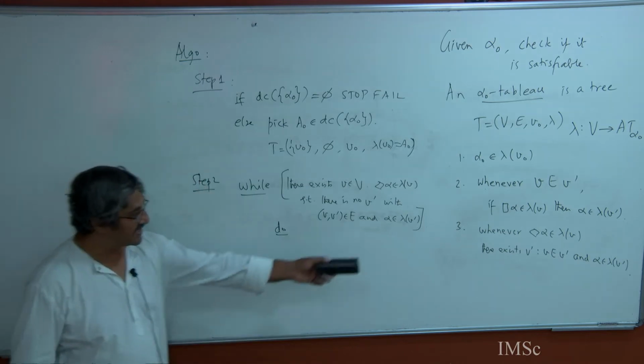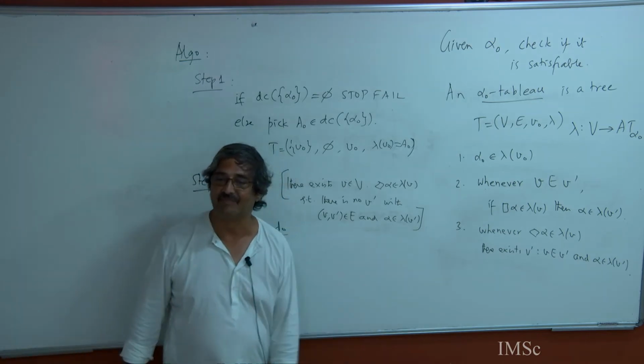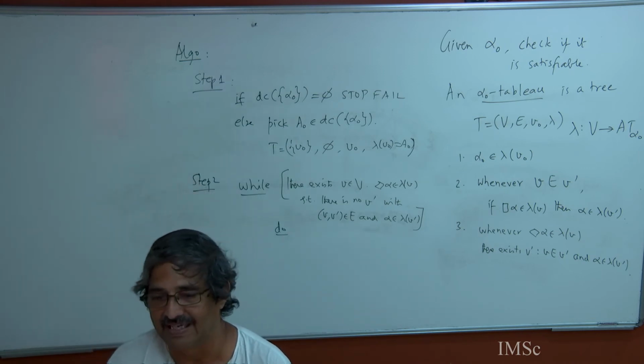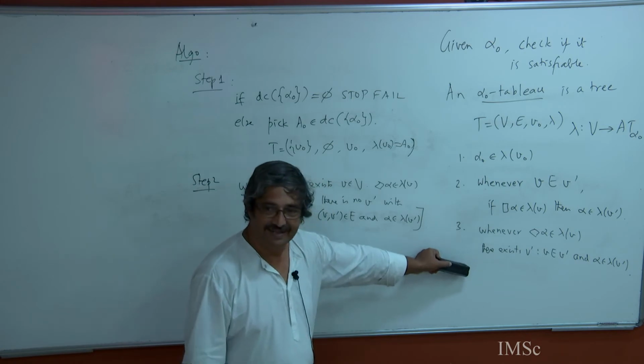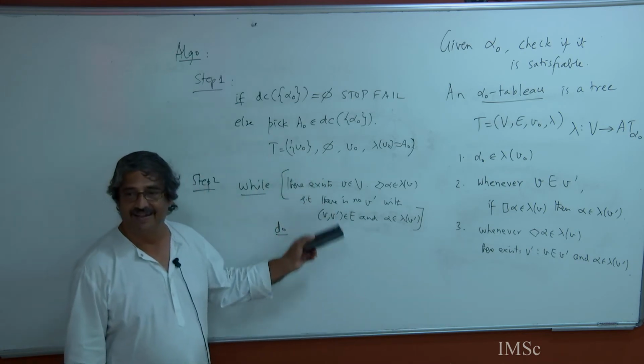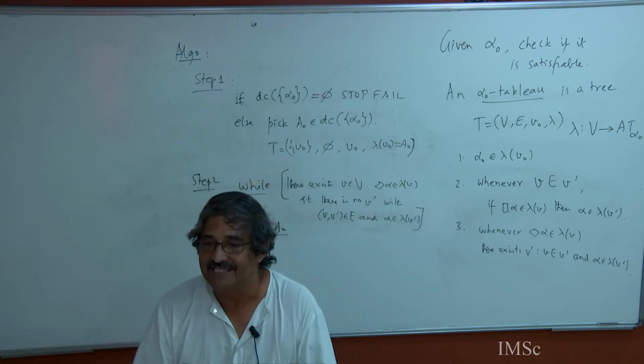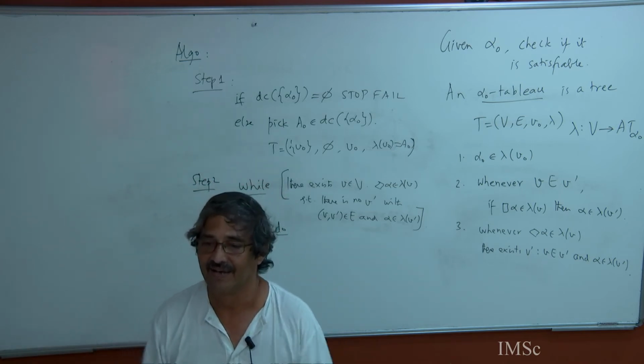Whenever there is some node and a formula, let's call it a requirement, right? If there is a node and it says diamond alpha, but there is no successor in the tree, then it's a requirement which you must fulfill, right?